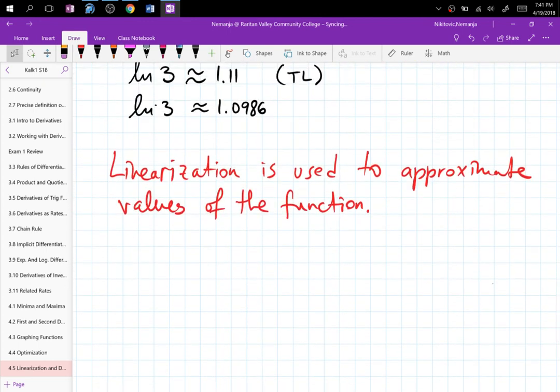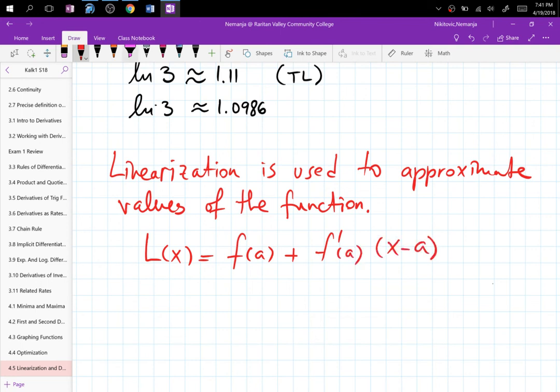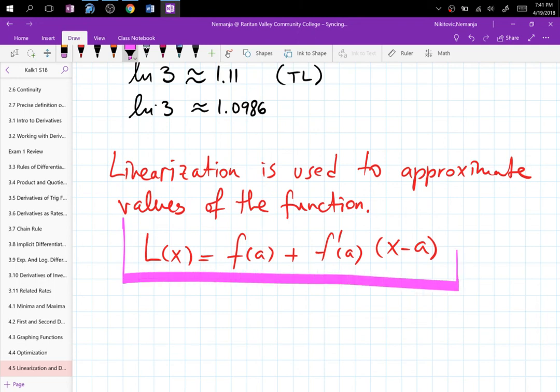Here it is. L of x is equal to f of a plus f prime of a times x minus a. There it is. This is the tangent line formula in one line, in one formula. So how do you use it?